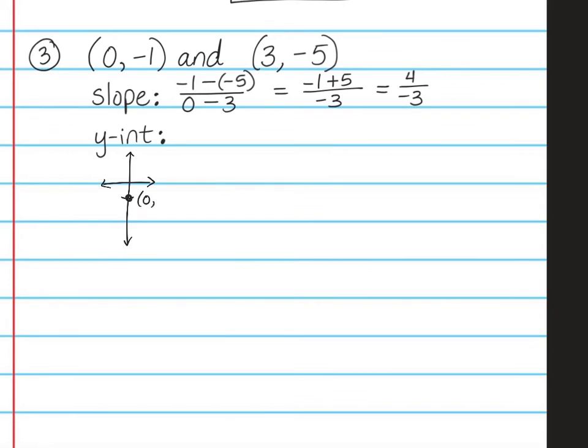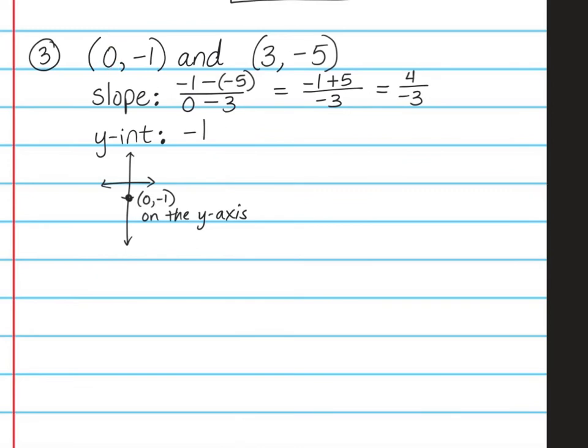Notice that 0, -1 is on the y-axis. So that means that my y-intercept is going to be -1. In all of the problems that you will receive in this class, one of the points will be the y-intercept. You just need to find where the 0 is for the x.